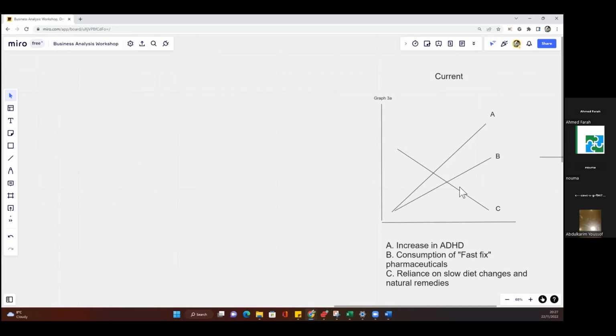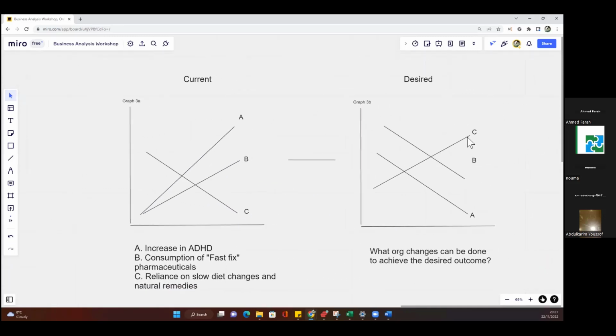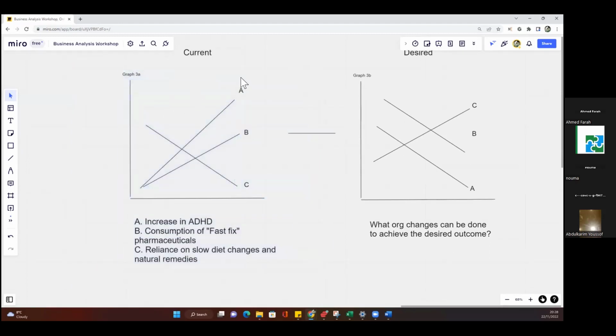So what is the desired outcome? As a business analyst, you would look at this situation and say, I'm not happy with it, I think the situation is not great. We need to change it.